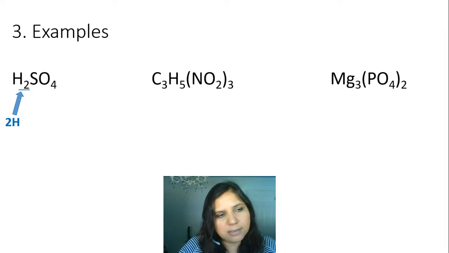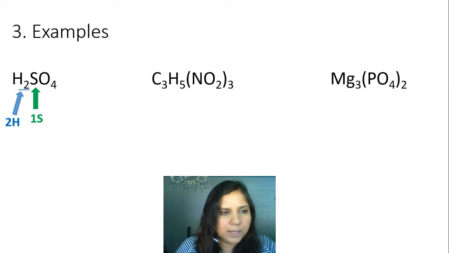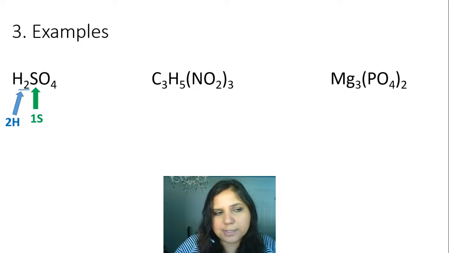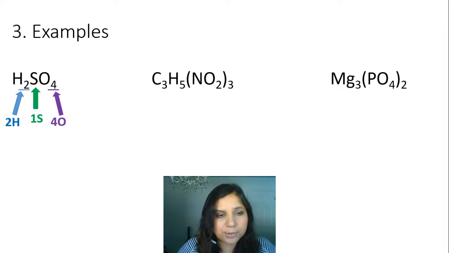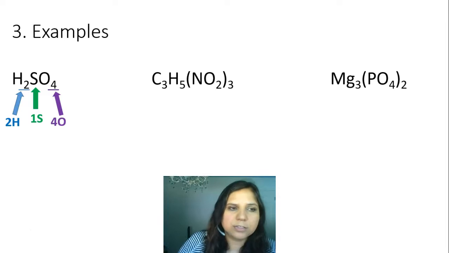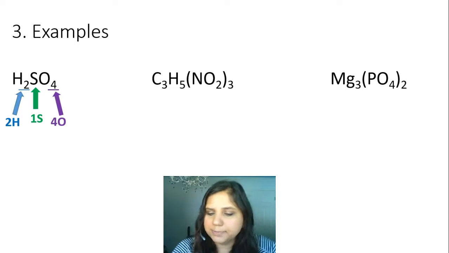Then we have another capital letter, which is capital S, that stands for sulfur. And we have 1 sulfur. It doesn't have a subscript, but it's always an understood one. Then we have this 4 right here, and that's next to a capital letter for oxygen, O. And so we have 4 oxygens in that formula of what we call sulfuric acid.